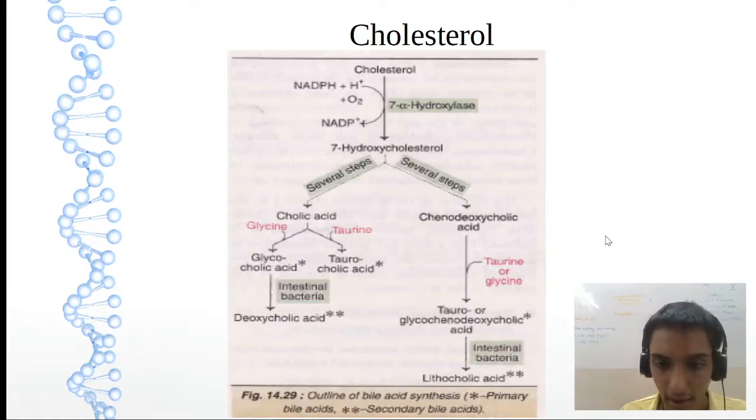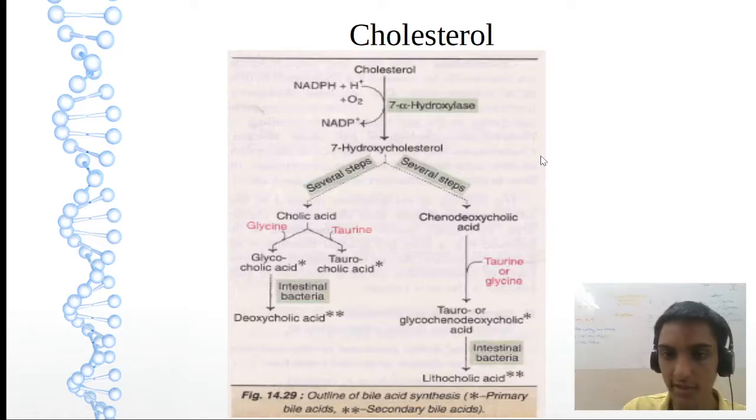Let us see the bile salts. So remember cholesterol, there will be 3 hydroxylations and 2 hydroxylations. Please write down as I am telling you: cholesterol, 3 hydroxylations on the left side, to your right 2 hydroxylations. Left side will get cholesterol 3,7,12 triol, that side cholesterol 3,7 diol, there is no 12.